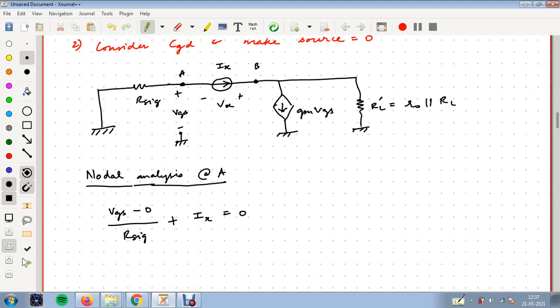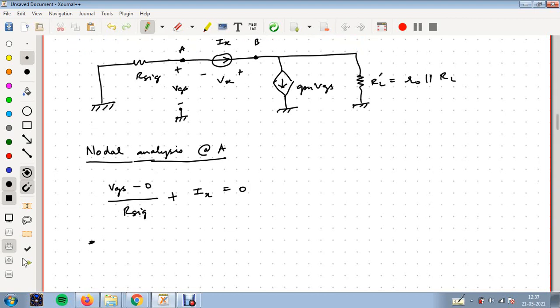Remember, both the currents are in the same direction. Next, from this you can write VGS as minus Ix into R signal.